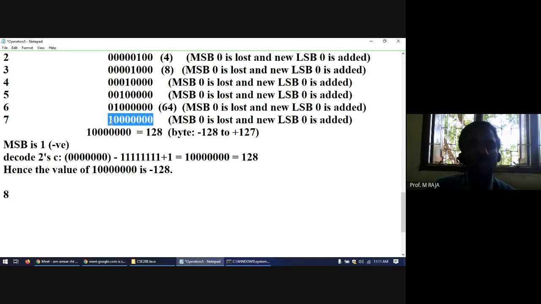Performing a bitwise shift left, the MSB will be lost, a new LSB 0 is brought, and this results in 0. For all the remaining shifts, the result will be 0.